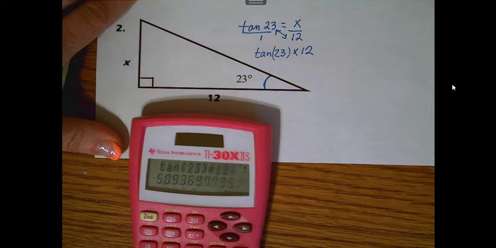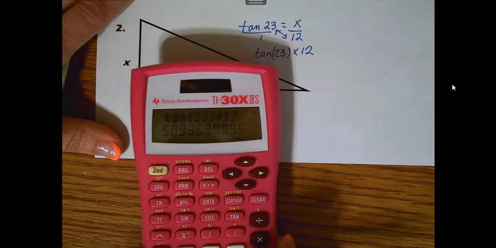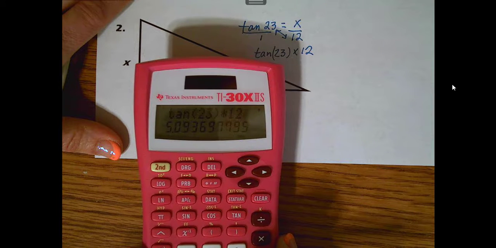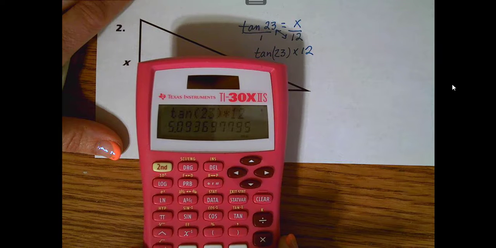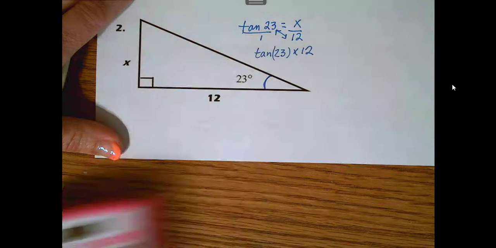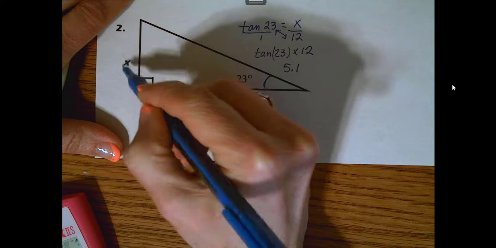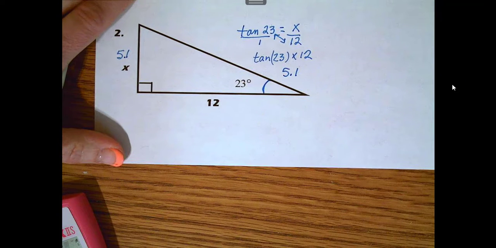Now let's go to the nearest tenth. 5.09. So behind the 0 is a 9, so I am going to round up. So I'm going to make that 5.1. And so that would be the height of our missing side.